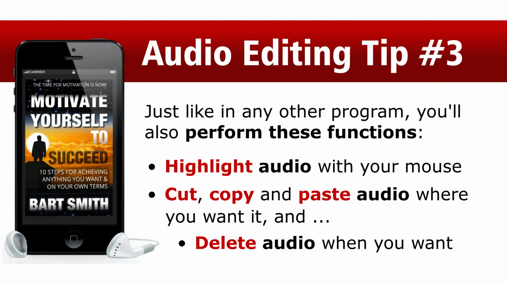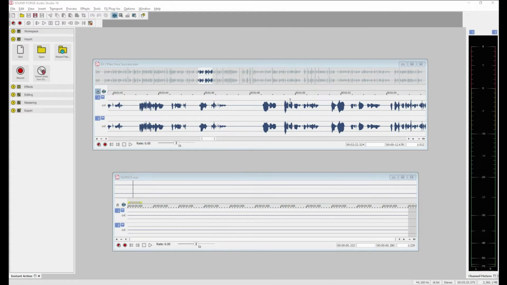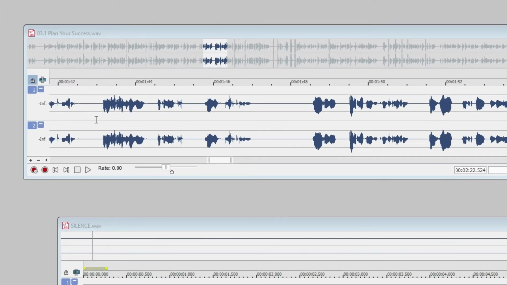Audio recording tip number 3. Just like in any other program, you'll also perform these functions. Highlight audio with your mouse. Cut, copy, and paste audio where you want it, and delete audio when you want. And just to give you a little example of what I mean by highlighting and copying and cutting and deleting audio in your audio recording, check this out.